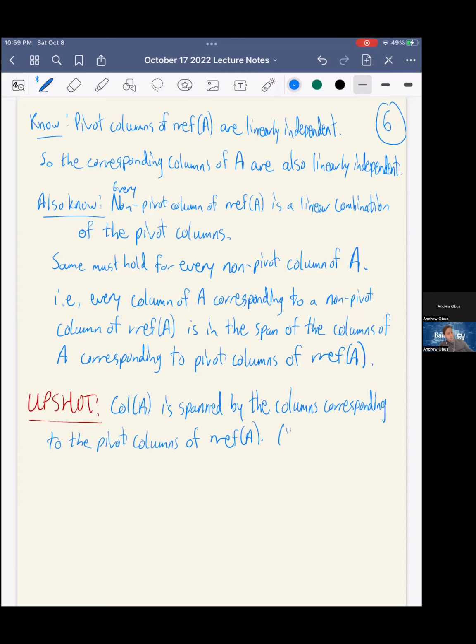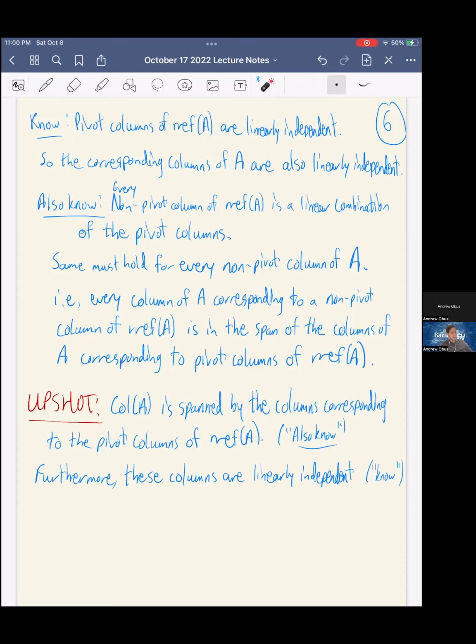This is from the note above, right? And then furthermore, these columns are linearly independent. This follows from the first thing up here.